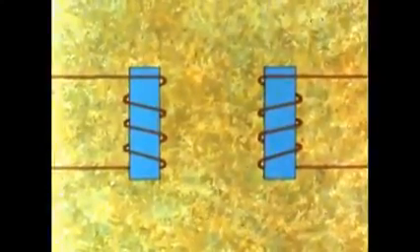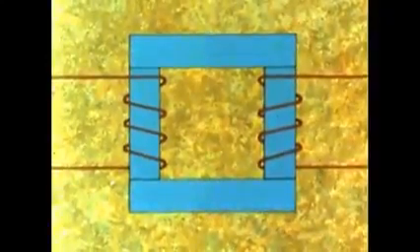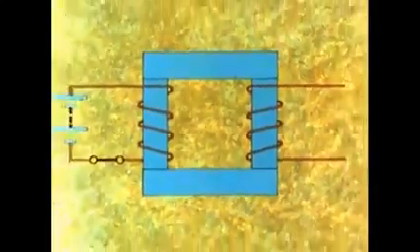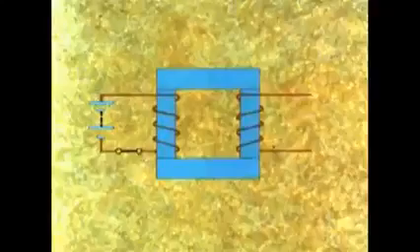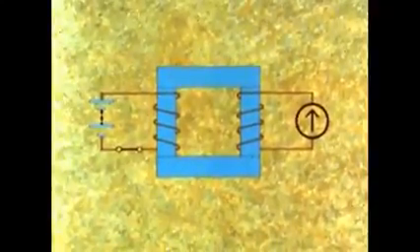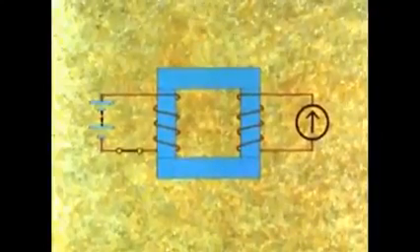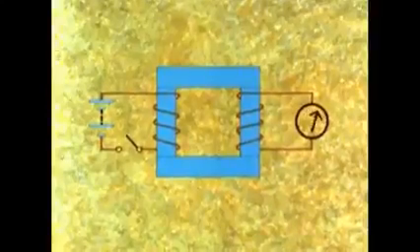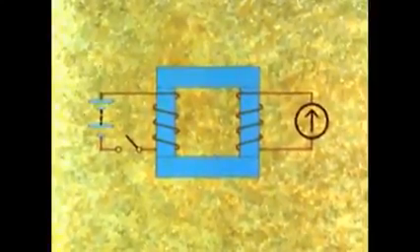And now we'll do another experiment. We'll take two inductors and space them apart in a square iron yoke like this. To the left-hand coil, we will connect a switch and battery. And to the other one, we'll connect a current measuring instrument. We now know that if the current changes in the first coil, as at switch-off, say, there would be a self-induced EMF in the coil opposing the change.